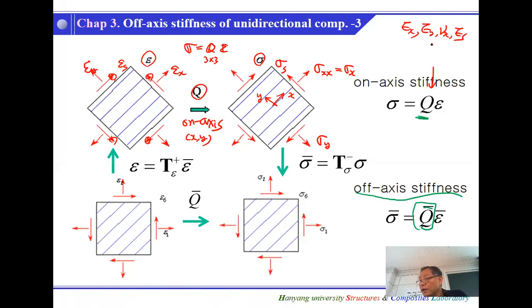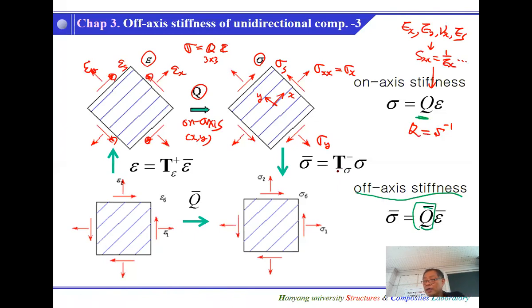From these, we get the S matrix, the compliance, because one of the terms, for example SXX, is one over EX, and so on. So we have a 3 by 3 S matrix, and Q is simply the inverse of this S matrix. So Q is S inverse, a 3 by 3 stiffness. Okay, very clear.